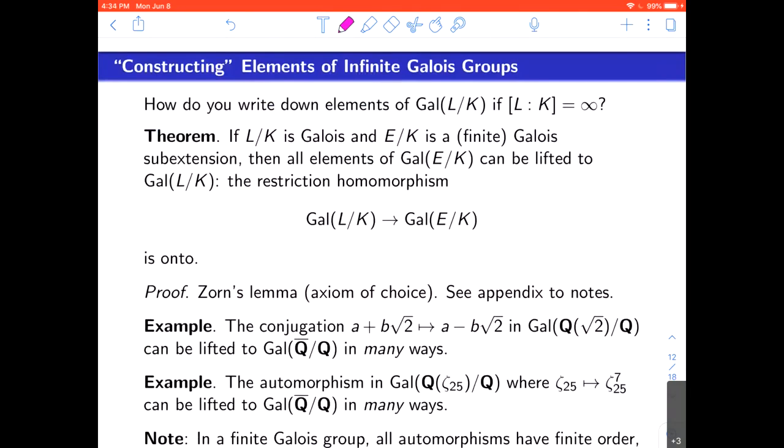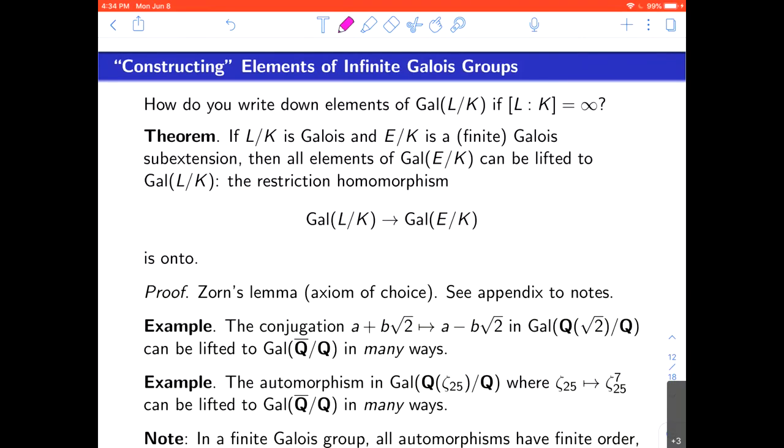If you've seen p-adics, then you say, okay, I'm just picking exponents that are modularly compatible with the earlier choices. So you have a good concrete model for what the Galois group looks like. But unfortunately, in general, you can't really expect to have formulas for the elements in an infinite Galois group.